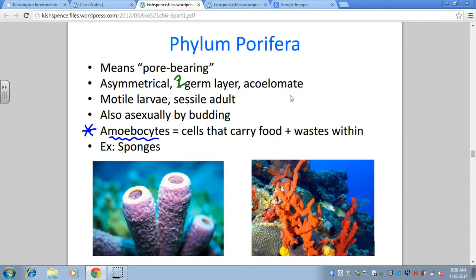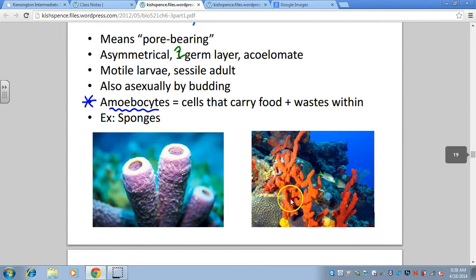They don't really have true tissues, as we would call it. Their larvae are motile, but when they become an adult, they are sessile, so that means they don't really move around. But because they have motile larvae, we do consider them still relatively motile animals.